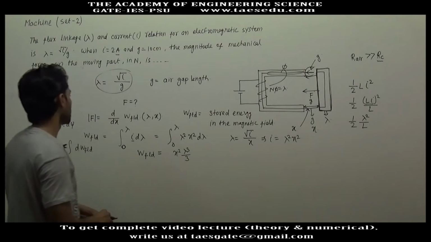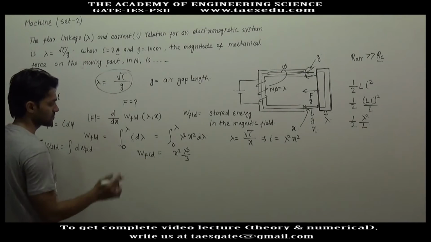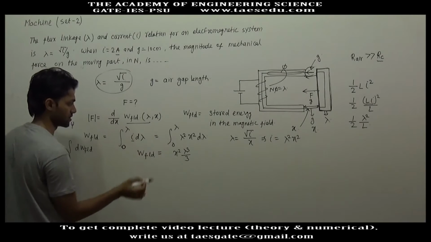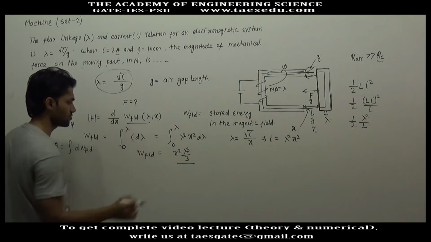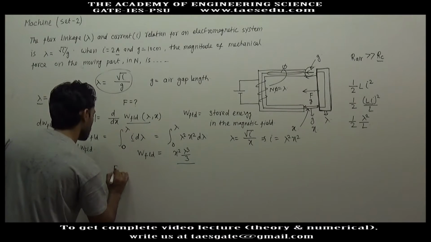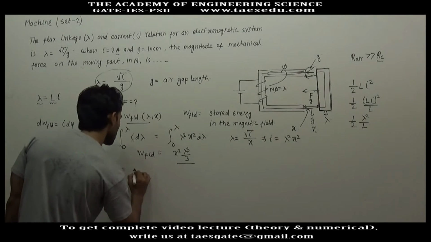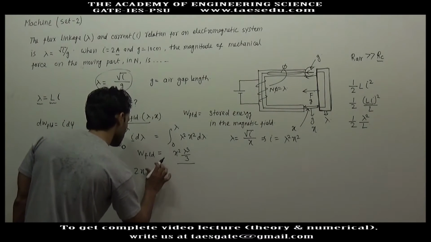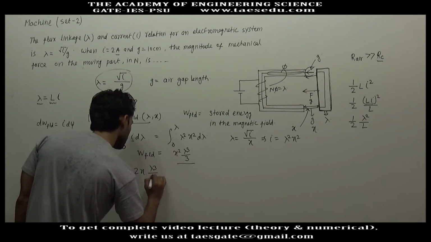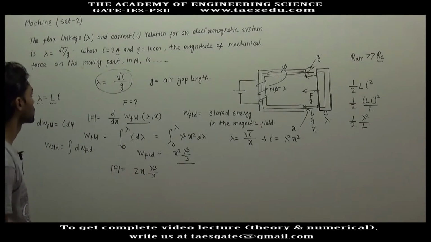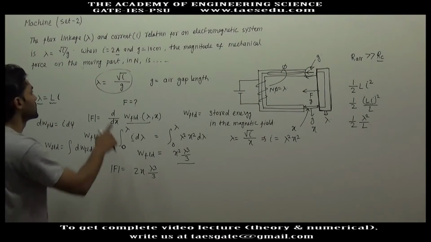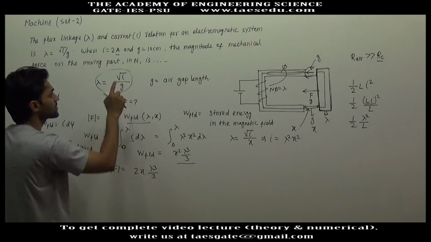Now the magnitude of force is the differentiation of stored energy. So now we will differentiate it with respect to x. So magnitude of force will be 2x into lambda cube divided by 3. Now lambda is equal to root under i divided by x.